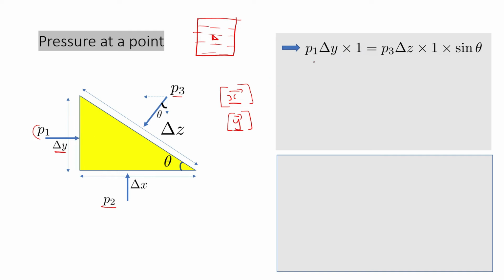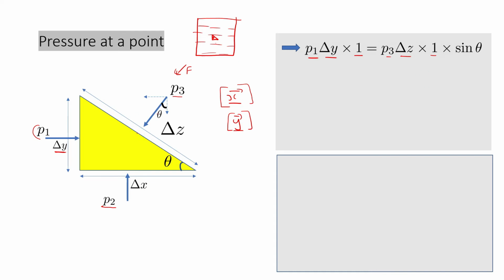So that is equal to P1 into delta y into 1. And what is the force in this direction? F is equal to P3 into delta z into 1, where 1 means the depth, which we have taken as unity.